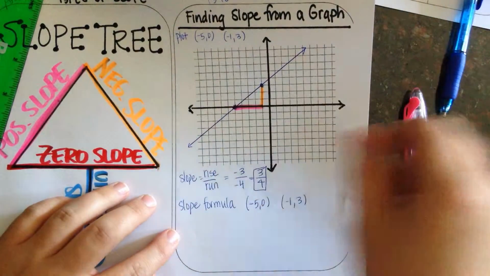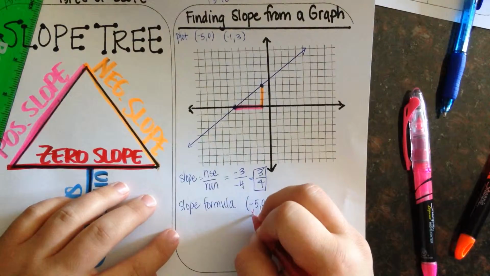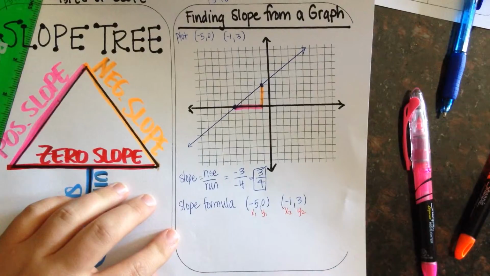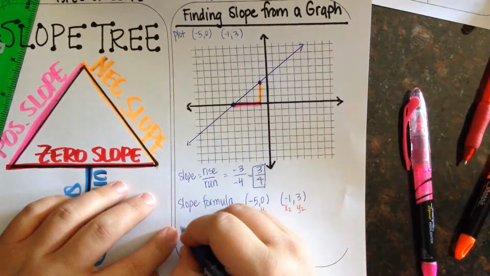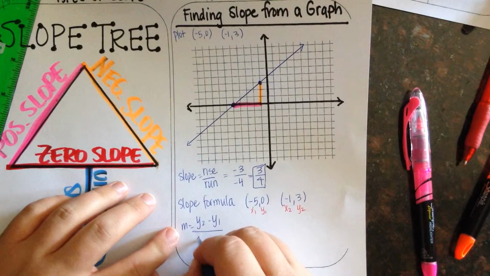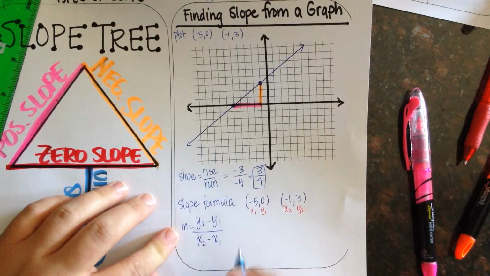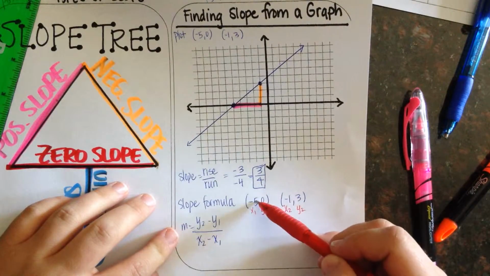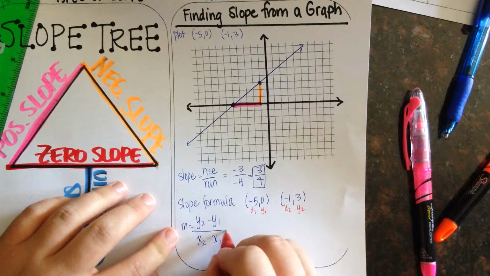We can label this as x1, y1, x2, y2. And then we can plug that straight into our slope formula of y2 minus y1 divided by x2 minus x1. And so this is the easy part. You just take what you've already labeled and plug it straight into the formula.